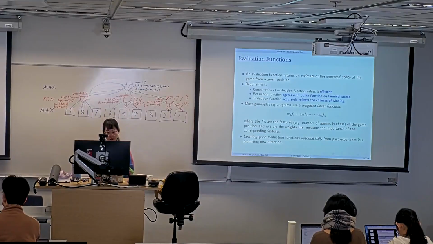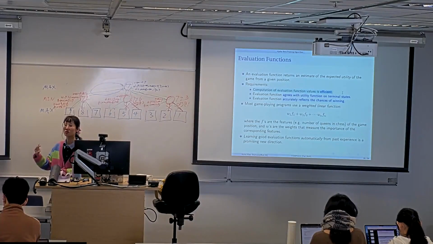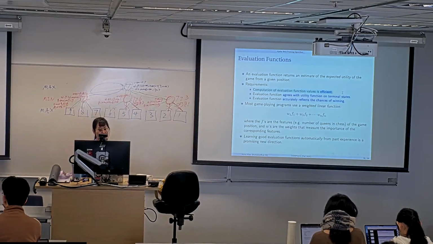The first requirement: the computation of evaluation function values should be efficient. Otherwise, it's meaningless to design an evaluation function, right? We design the evaluation function because we don't want to search the game tree until the deepest level. We want to save some time. So the computation of the evaluation function value itself should already be efficient to save this time.